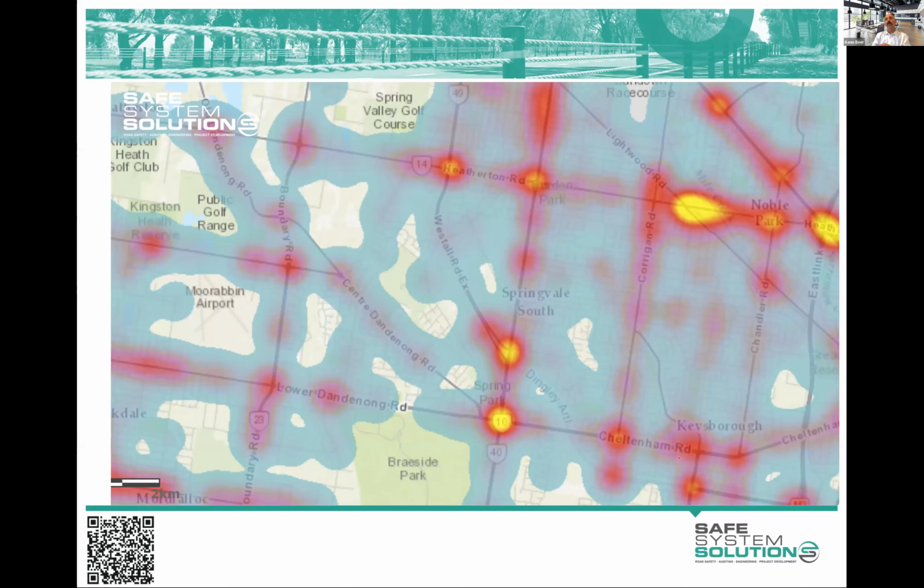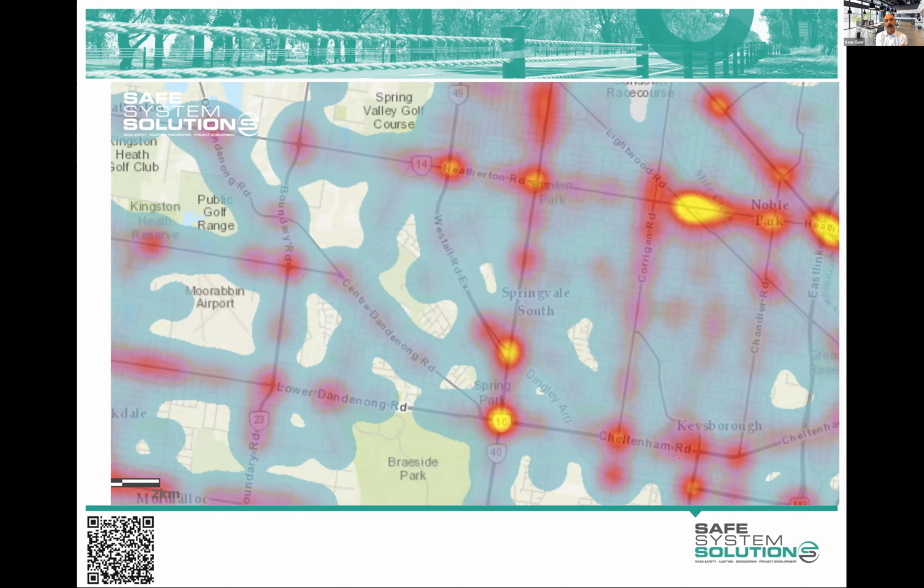But unfortunately, if you go and look at any sort of outer metropolitan area, and this pretty much works across the world, well, actually, not really in the Scandinavian countries, but most of the rest of the world, your outer metropolitan areas have concentrations of death and serious injury at large signalised intersections.